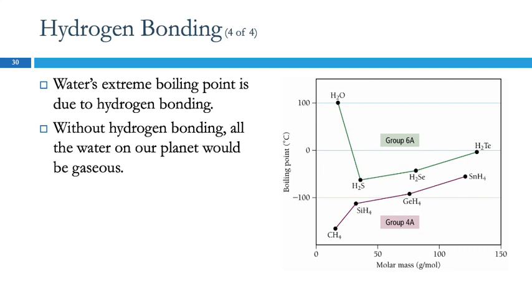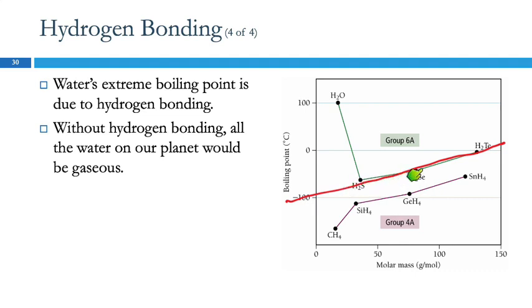So if we look at the other group 6A elements and the compounds that they form with hydrogen, H2S, H2Se, and H2Te, we see there's a trend here, right? These are all polar molecules because there's lone pairs on the central atom.